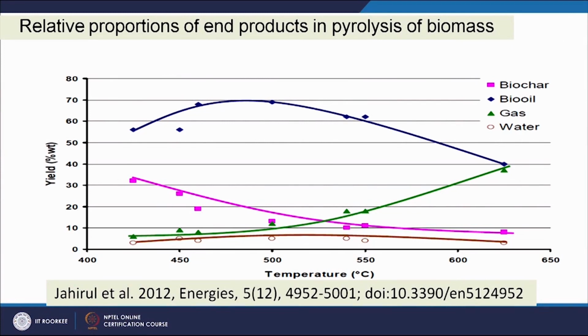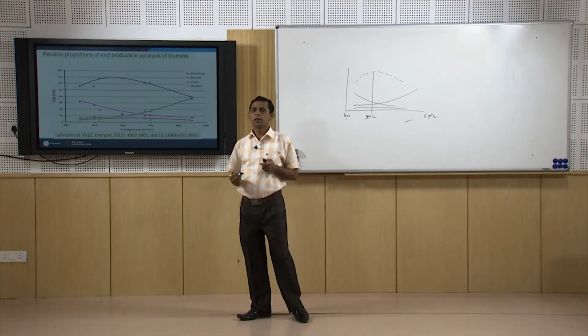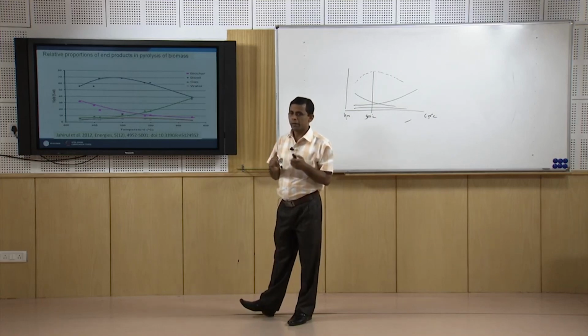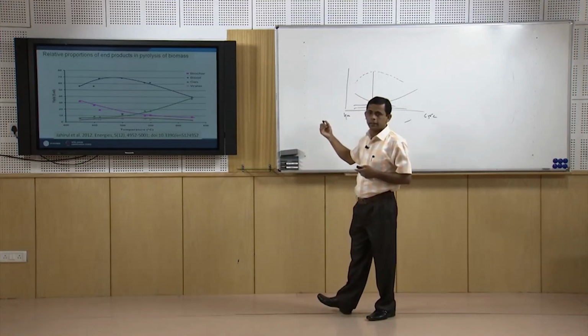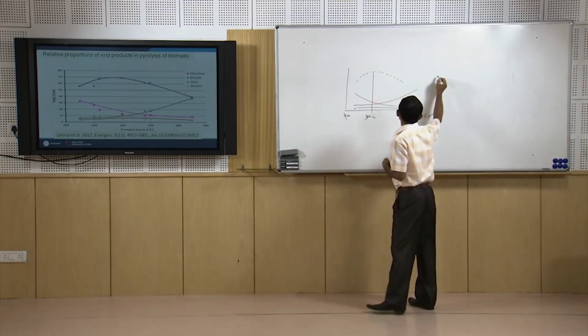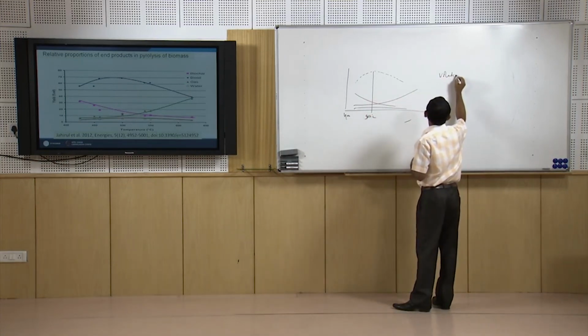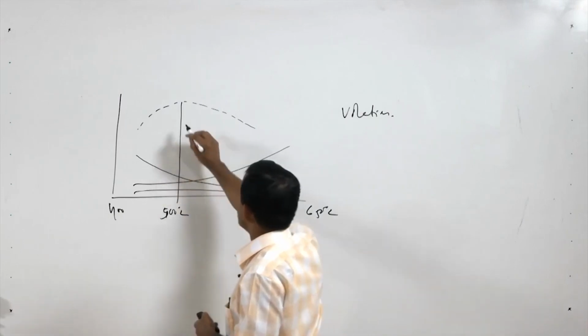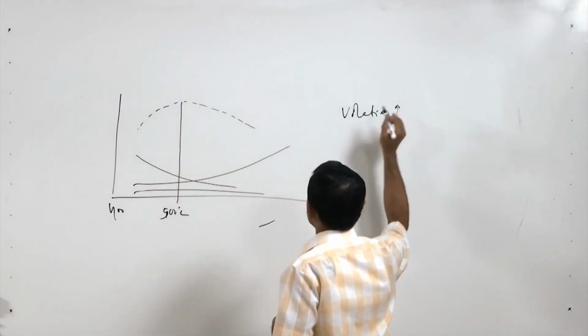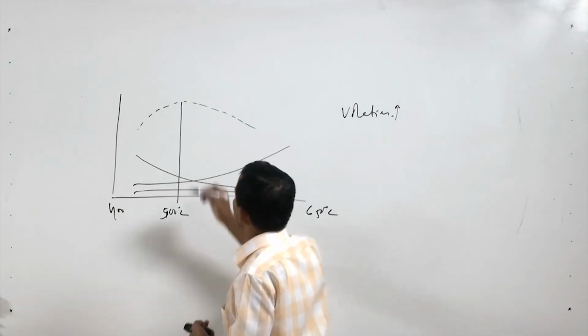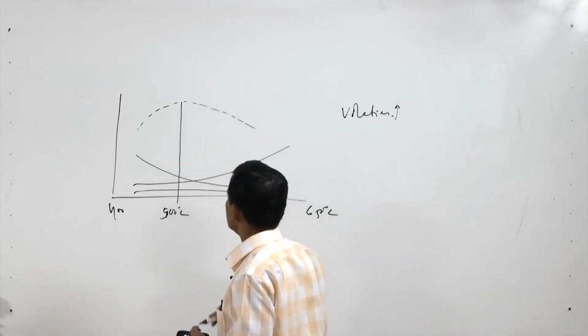We can explain this phenomenon on the basis of the mechanism of pyrolysis. We have seen that there is primary degradation, then further secondary cracking of the volatiles. So, more temperature gives more gases, and so liquid decreases.